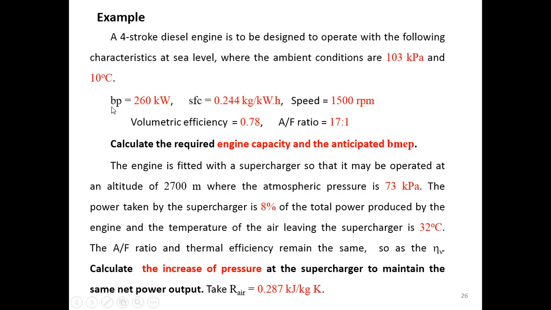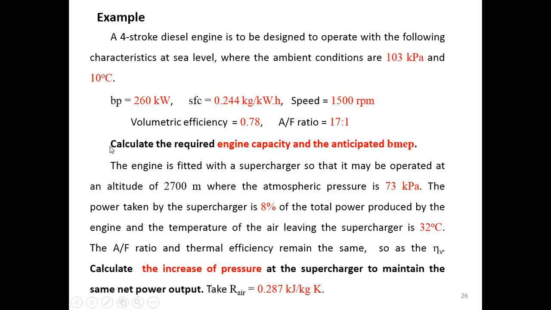The brake power delivered by this engine is 260 kilowatt. The specific fuel consumption is 0.244 kilogram per kilowatt hour, and the engine speed is 1500 RPM. The volumetric efficiency of this engine is 0.78, and the air-fuel ratio is 17 to 1.